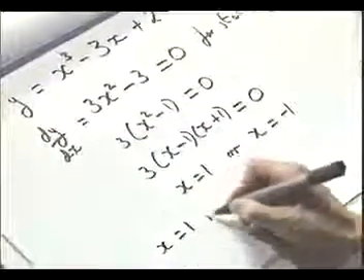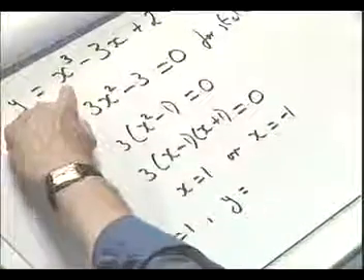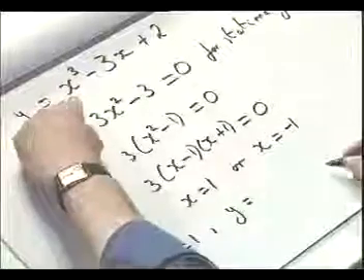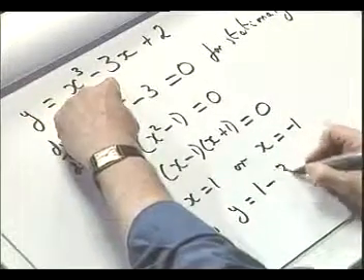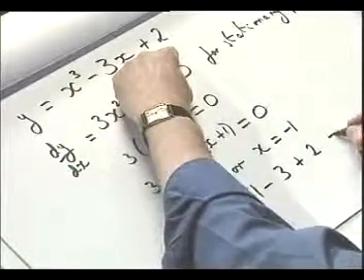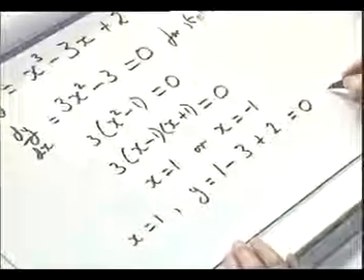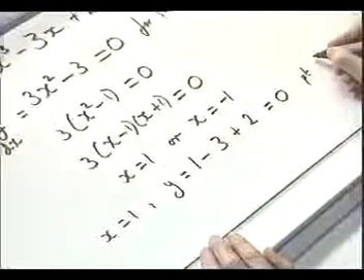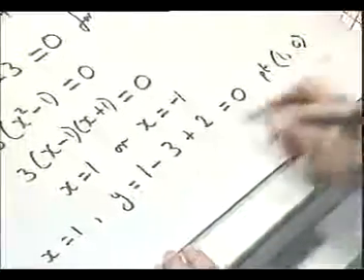X equals 1, y equals, and we'll substitute it in on the very first line. So that's 1 cubed is just 1, minus 3 times 1 is minus 3, plus 2. So altogether that gives us 0. And so our stationary point is (1, 0).